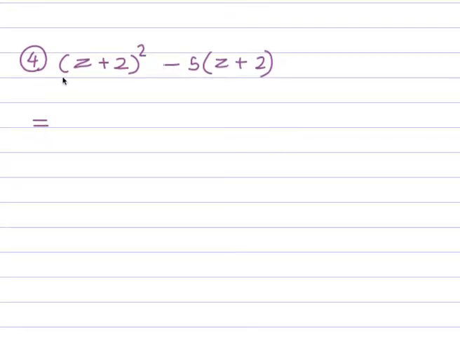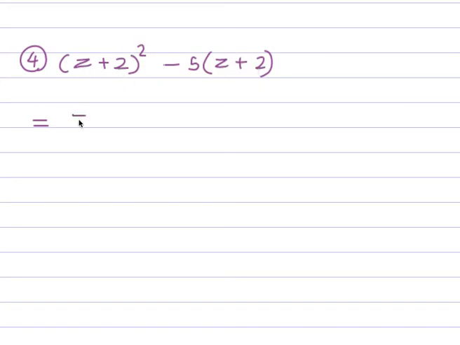Okay, here two terms, this is the first term, this is the second term, separated by minus. So what is the common factor here? Here z plus 2 whole square minus 5 times z plus 2. So the bracket portion z plus 2, here 2 and here just 1.